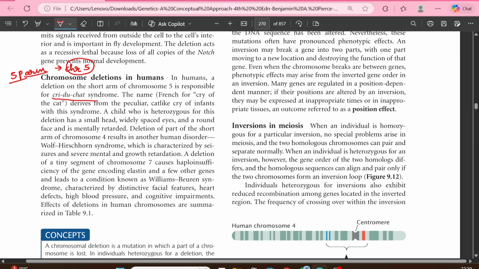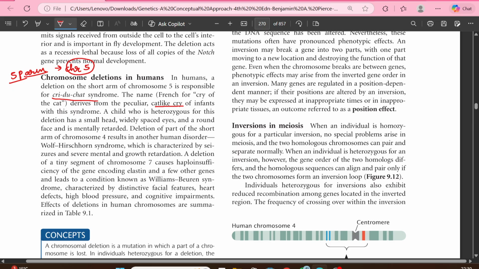In Cri-du-Chat syndrome, infants have a peculiar cat-like cry. Along with that, they also have microcephaly, which is the small-headed condition, and certain intellectual disabilities also.